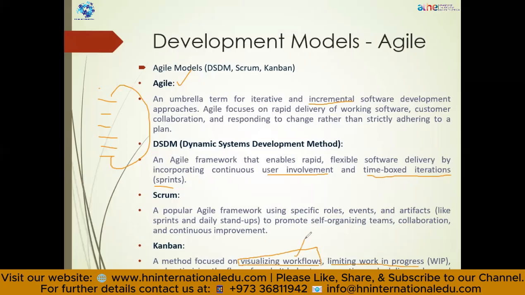Workflow means what? Progress of our project. It helps the team continuously deliver value and improve their processes by making the bottlenecks visible. So if any sort of issues, challenges, or errors occur, then they will try to make them visible. And if they are visible, then we are able to sort them out.